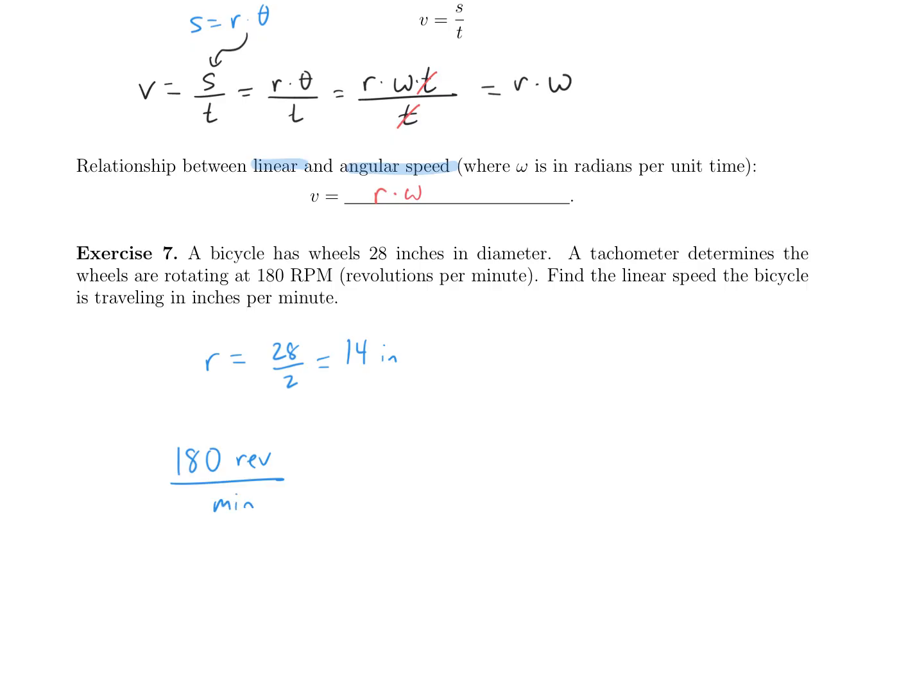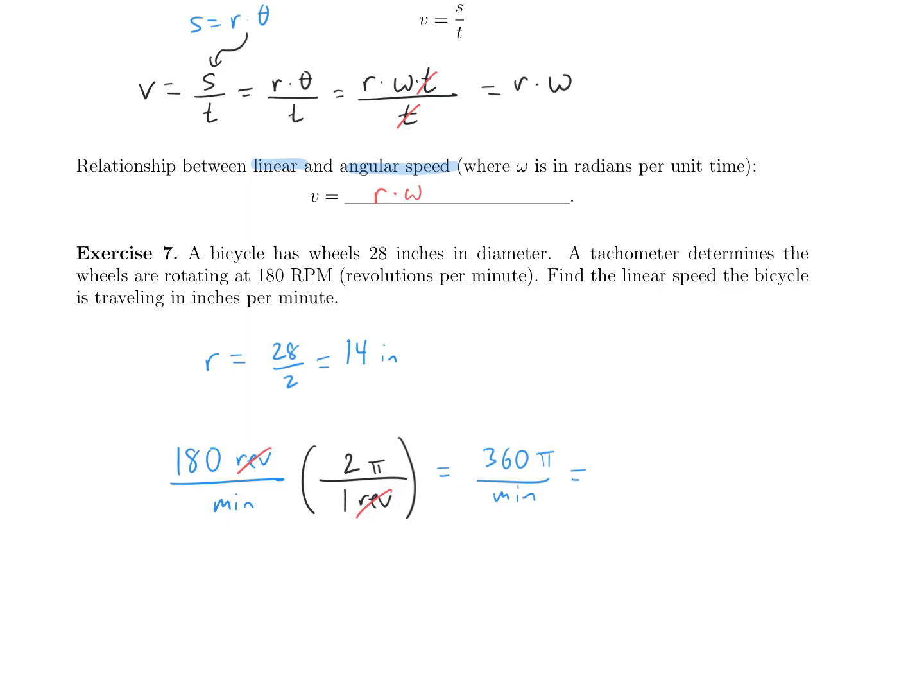And we're going to multiply by, since we know that 1 revolution is equivalent to 360 degrees, which is equivalent to 2 pi. So now we can cancel out the revolutions, and we have radians per minute, which is exactly what we needed. So this is going to equal 360 pi radians per minute.